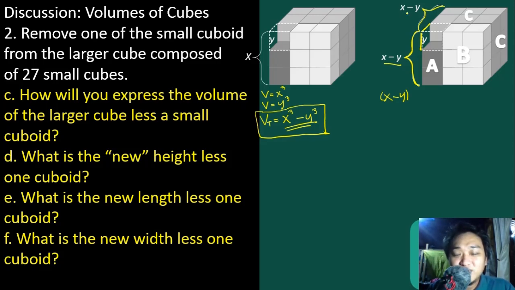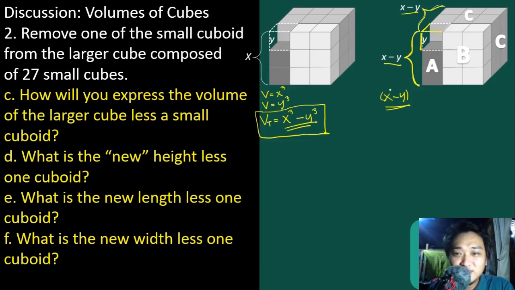So ang magiging bagong length natin is, again, x minus y. And what will be the new width less 1 cuboid? In this corner alone, yung buong yan, new width will be x. Bawasan ng ganito kahaba, that will be, again, x minus y.